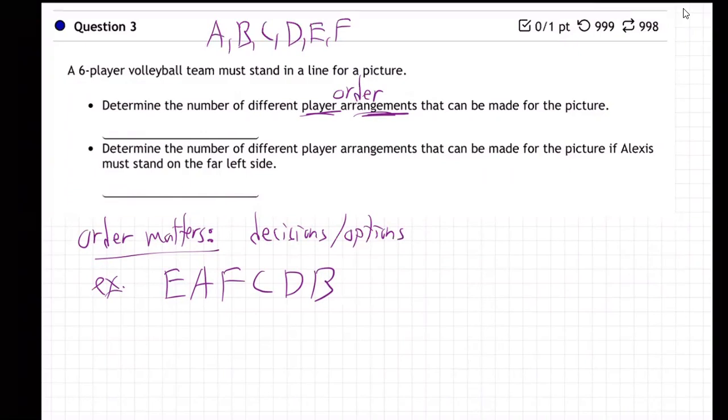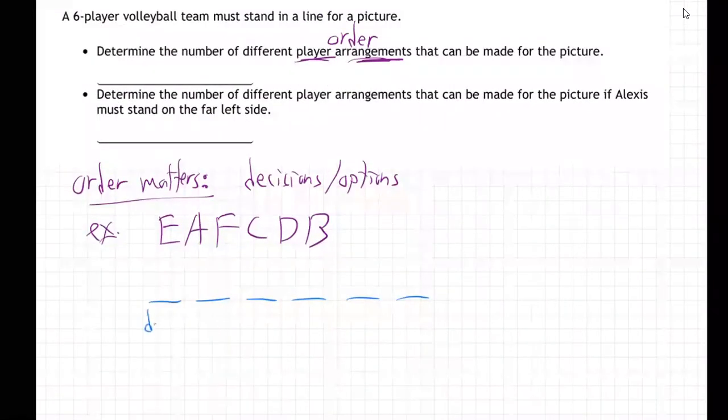All right, so let's think back to what I just did as far as decisions and options. 1, 2, 3, 4, 5, 6. I made decision 1, decision 2, decision 3, decision 4, decision 5, and I made 6 decisions.